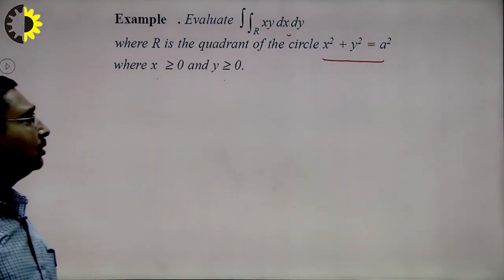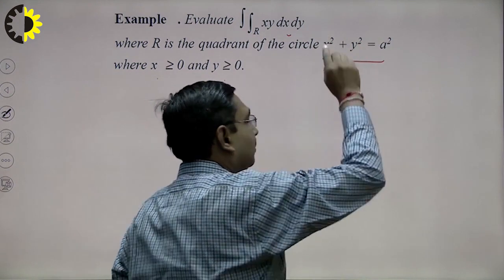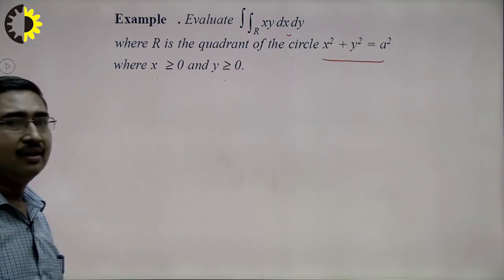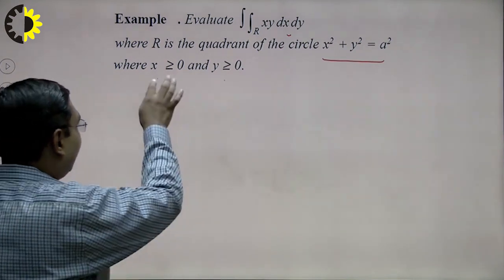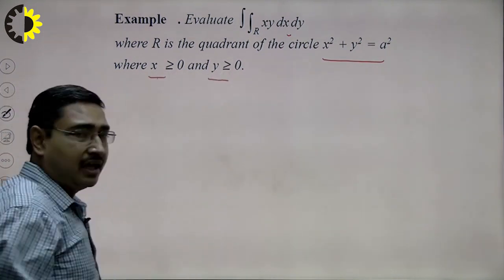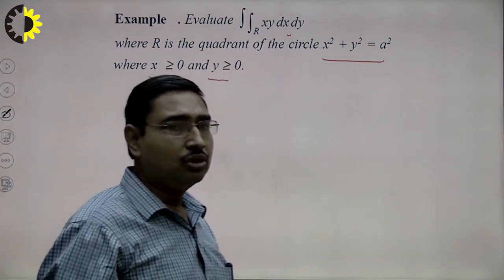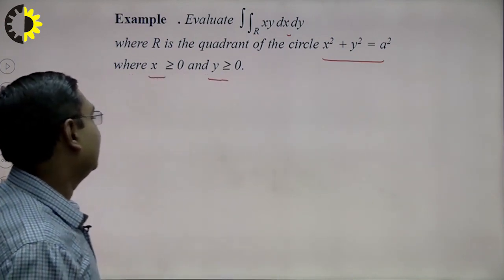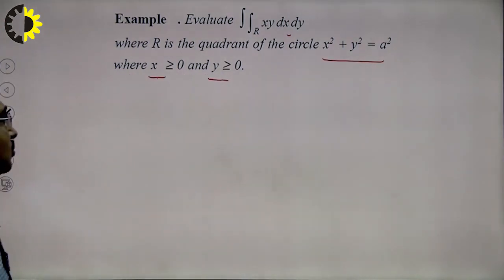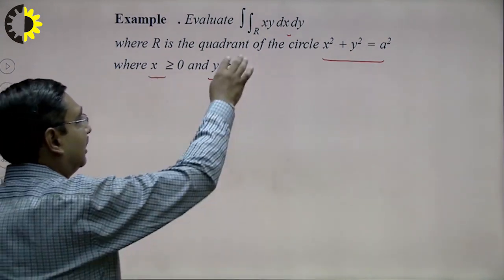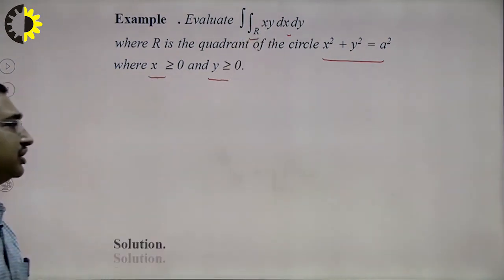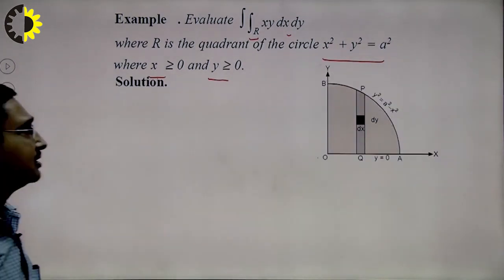We already know that x square plus y square equal to a square is a circle with center origin and radius a. Quadrant of this circle, in which x and y both are non-negative, is to be considered. Thus, the first quadrant bounded by this circle will be our region of integration, like this.